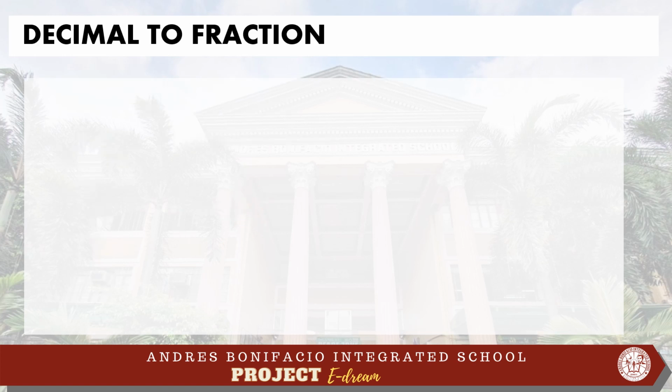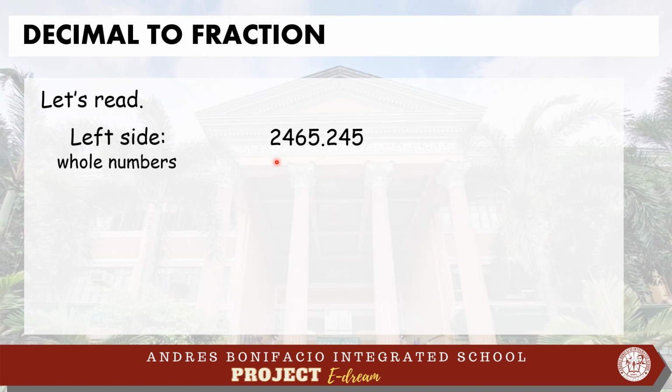Okay, so this time we are going to convert decimal to fraction. So, before that, let's have a short review. So, we have a given number. So, dito sa given number class, dito sa left side ng decimal natin, these are the whole numbers. And yung mga number na nandito sa right side of the decimal point is the decimal numbers.